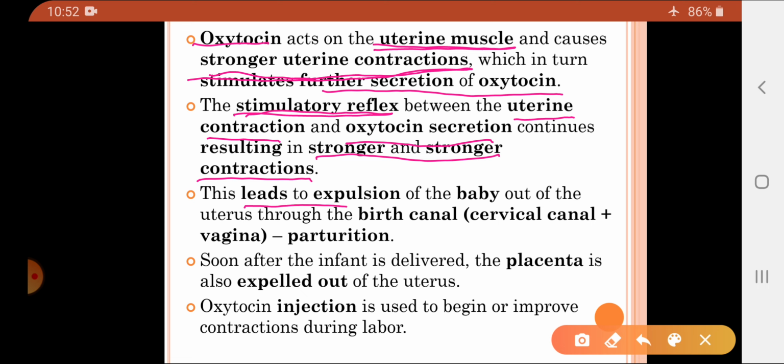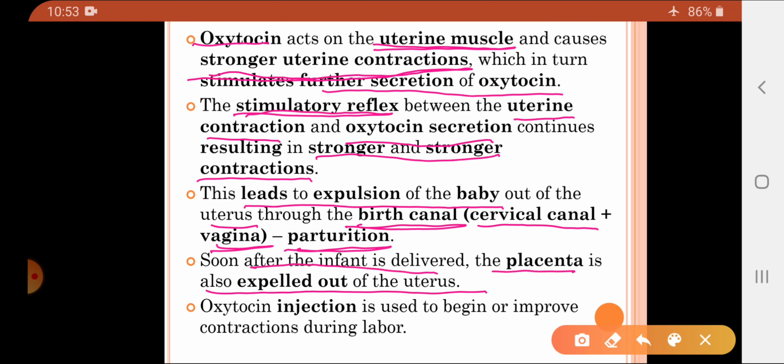and this leads to the expulsion of the baby from the uterus through the birth canal, the process called parturition. What is the birth canal? The cervical canal along with the vagina is called the birth canal. Soon after the infant is delivered, the placenta is also expelled out of the uterus.